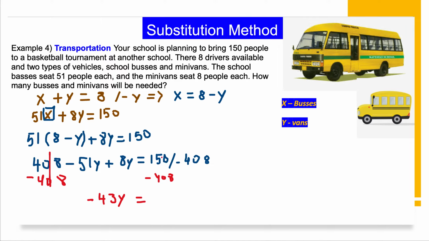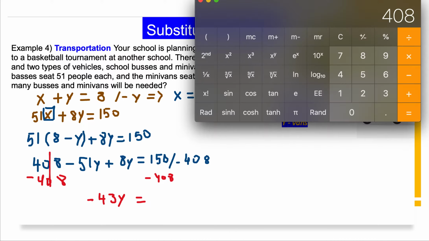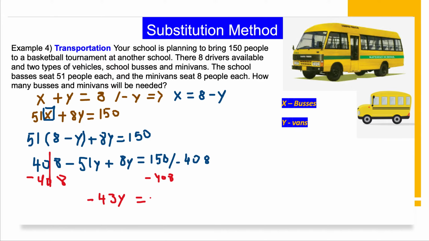Now I am subtracting 150 minus 408, but because the number is big, let me subtract here. 408 minus 150 is 258, so minus 258.